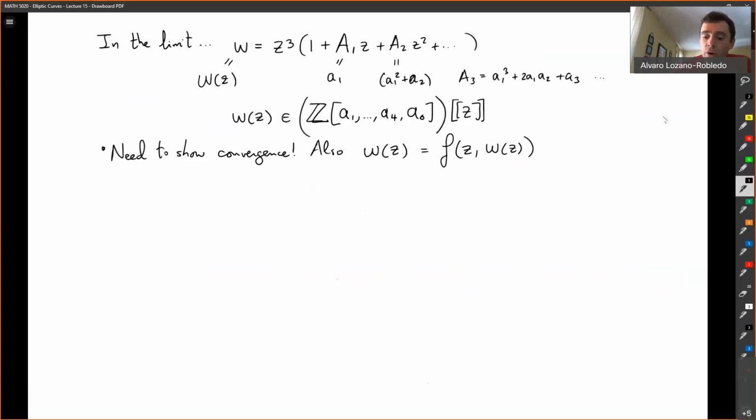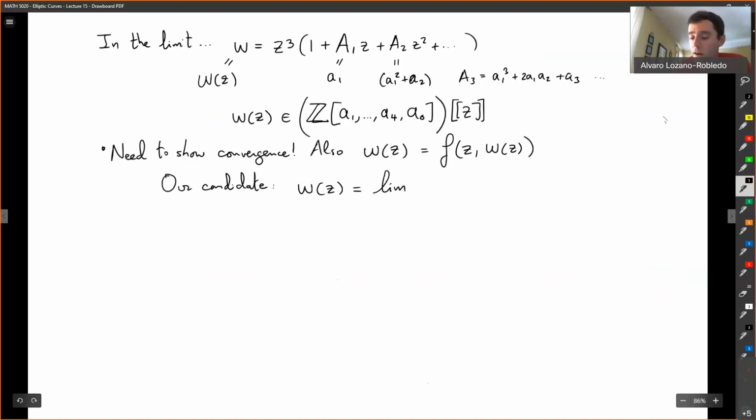Okay, so our candidate for the solution of the recurrence is the following: the limit as m goes to infinity of those f^m's evaluated at 0.